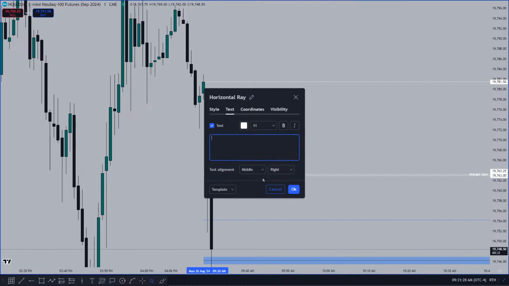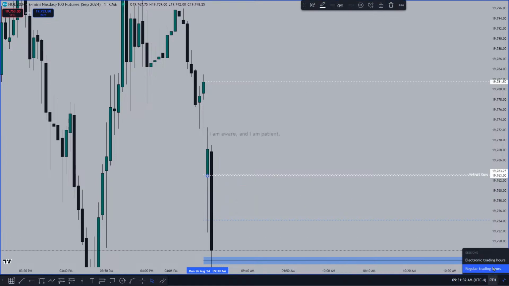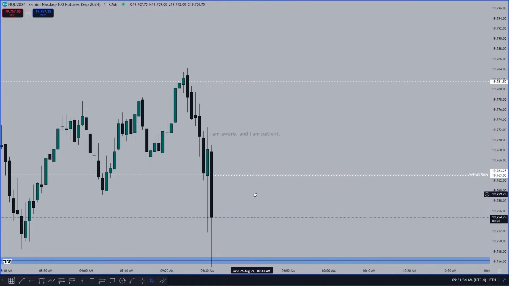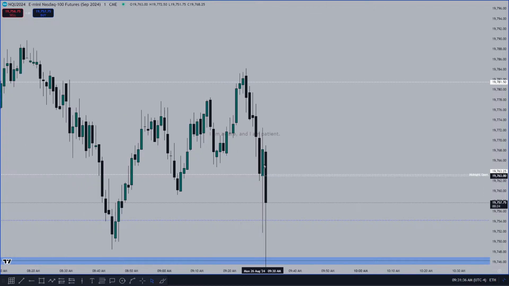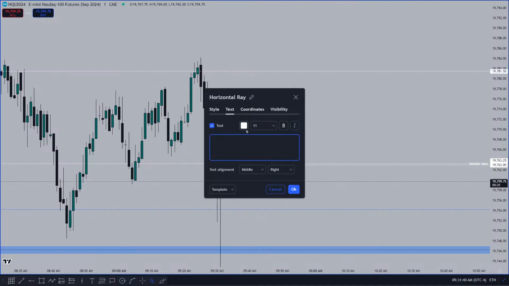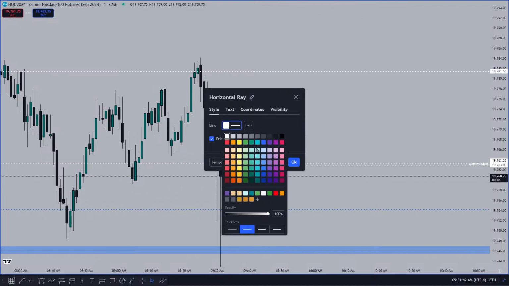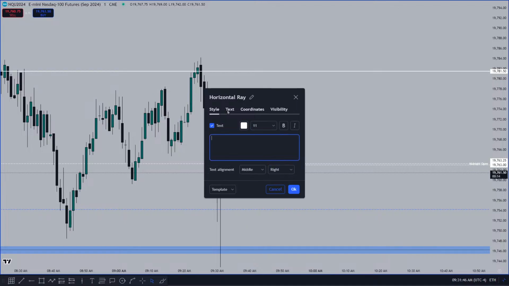There. This sometimes happens, yeah, 9:30 open. Okay. I'll keep it at this thickness, but I want to make it a line. Let's go ahead and make this open gap high.